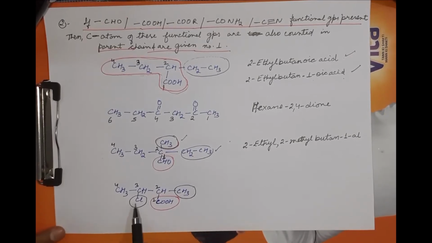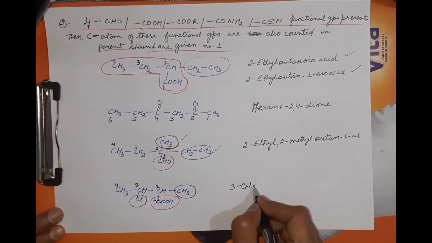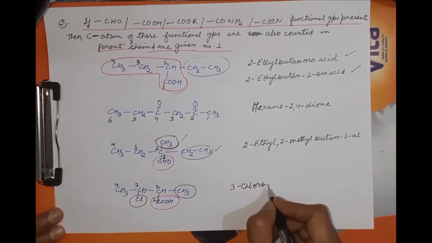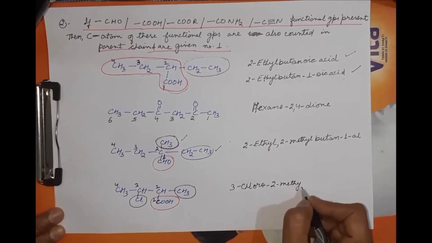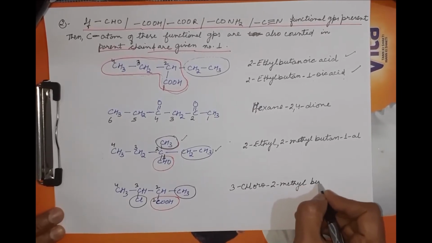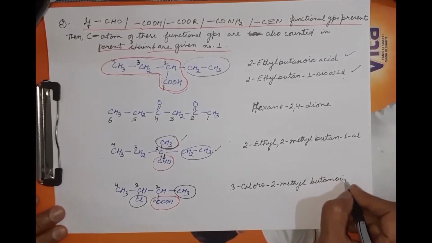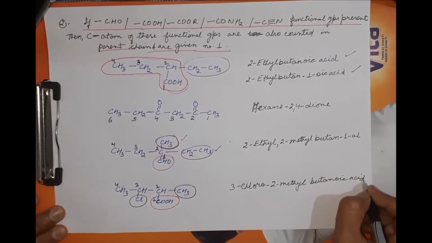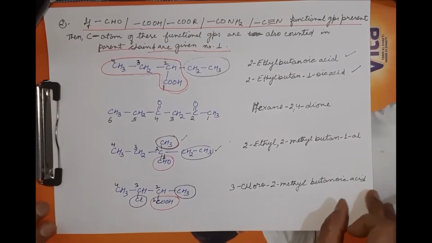What will be the name? The position of the chloro group is 3. So the name will be 3 chloro, 2 methyl, butanoic acid. So the name will be 3-chloro-2-methyl butanoic acid, a 4 carbon atom chain.